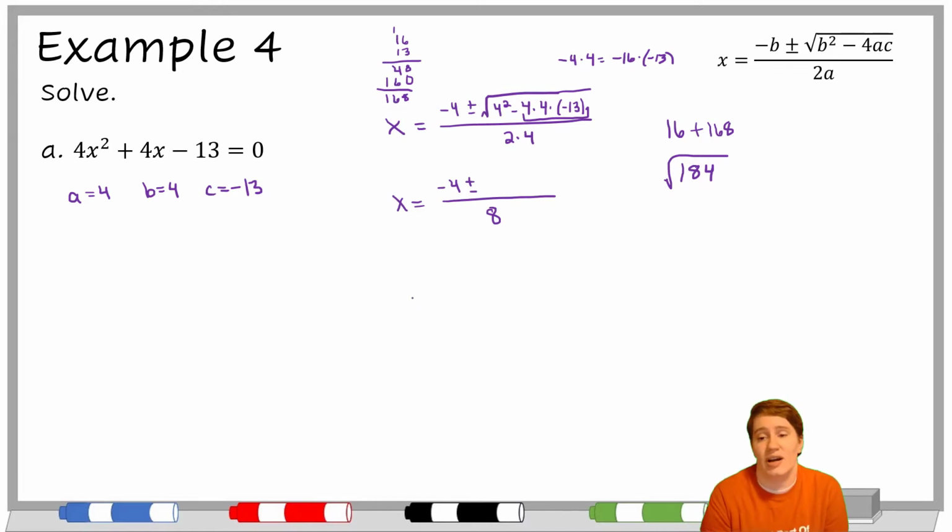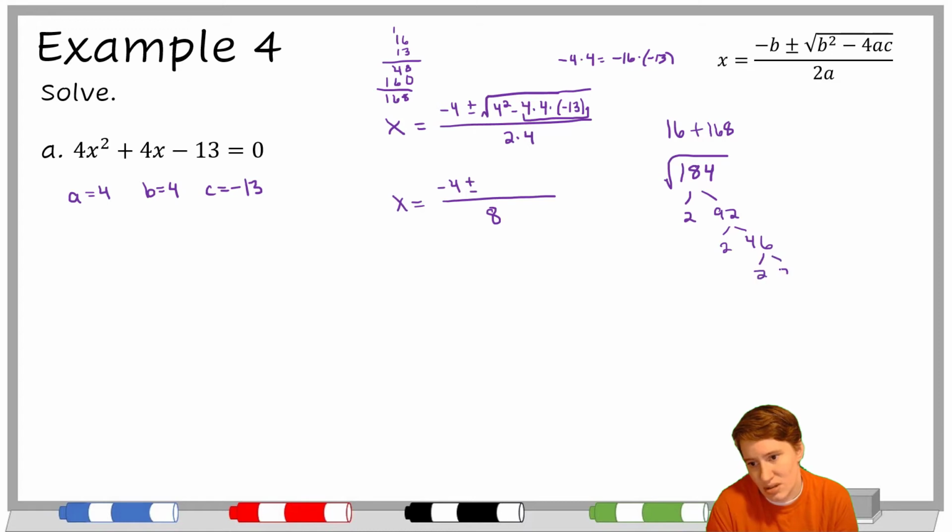We can check to see if it has a square root. It does not. I think 196 has a square root and 169 has a square root, but not 184. So what goes into 184? Definitely a 2 because it's even. That would go in 92 times. And then 2 goes in 46 times.